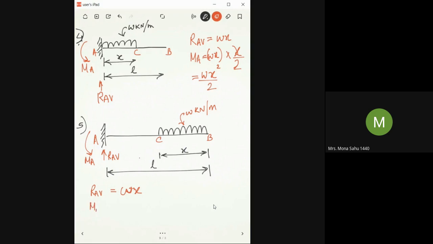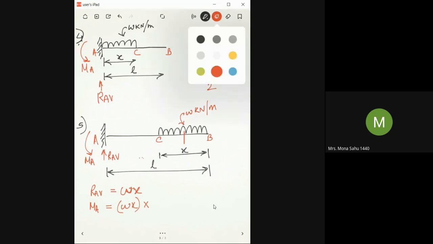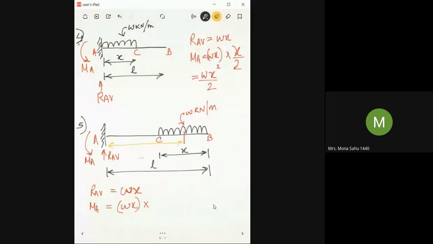So MA is going to be the load multiplied by perpendicular distance. So what is the perpendicular distance? The midpoint of this? L minus X by 2. Yeah. So this distance, because we are calculating moment with respect to A. Okay. So it's going to be, how much is this distance now?